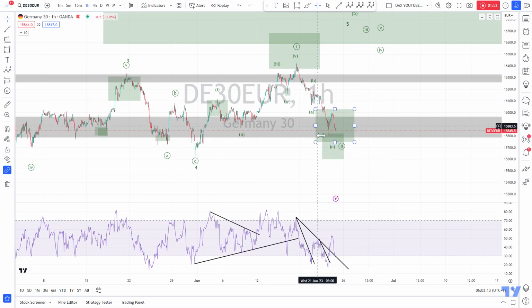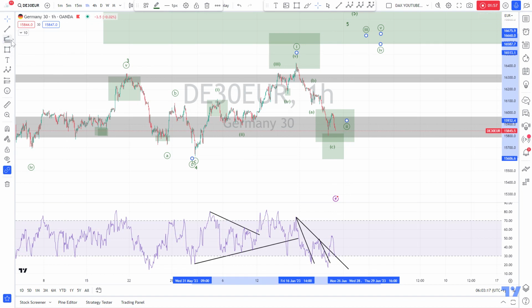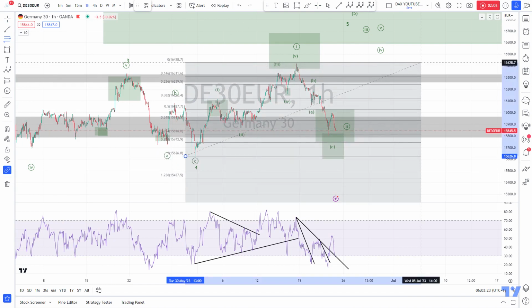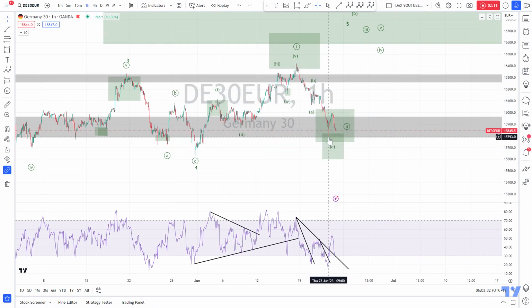This is also the wave 2 area here. So this is the area between the 0.5 and the 0.854 FIB retracement. So it's not really a surprise that we reacted from here yesterday.